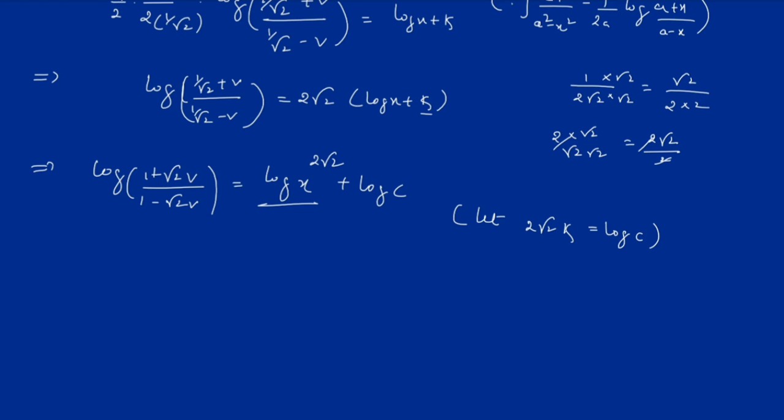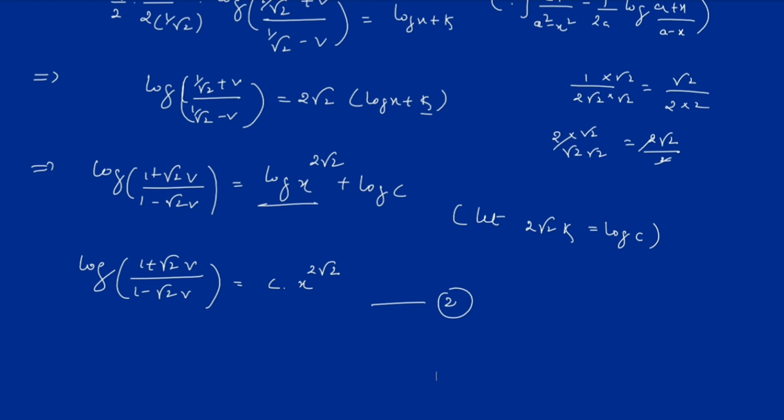So now 1 plus root 2v over 1 minus root 2v, the denominator root 2 gets cancelled in both the numerator as well as the denominator by cross multiplying. So what we get here, log of this can be written as c into x to the power of 2 root 2, take it as equation 2.